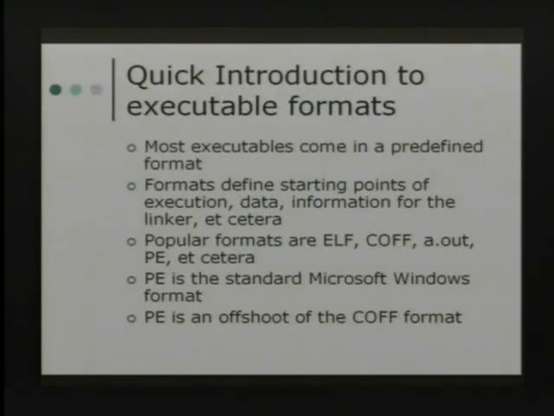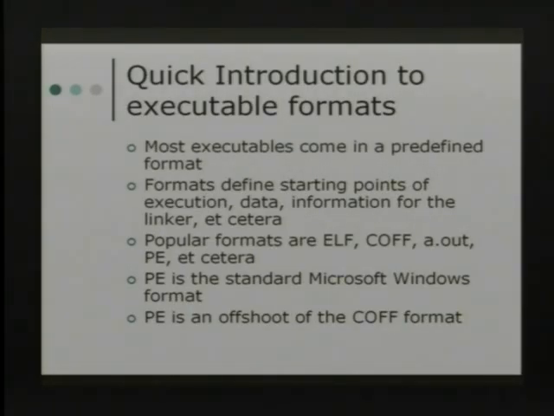As I'm sure pretty much everybody knows, executables almost all the time come in a predefined format, the exception being boot records and things of that nature where it's just a raw binary. Most of them define information like the text segment, data segment, things for the linker in the system, and so on and so forth.